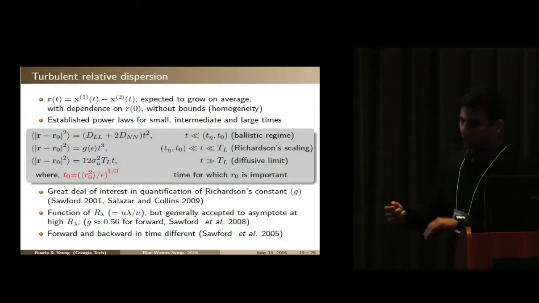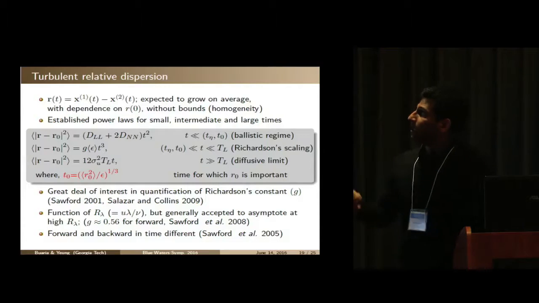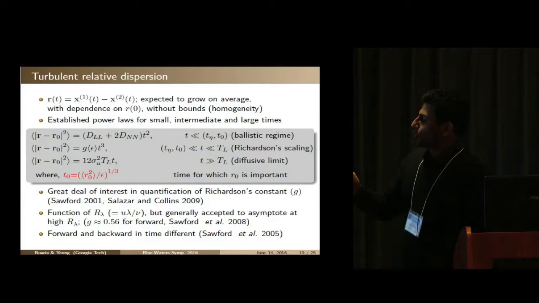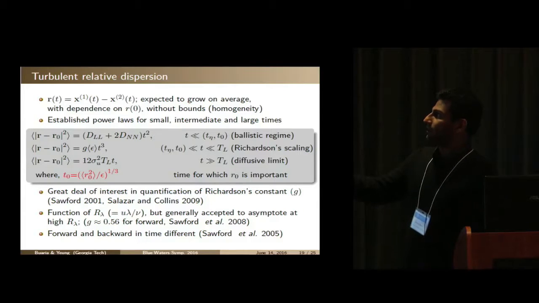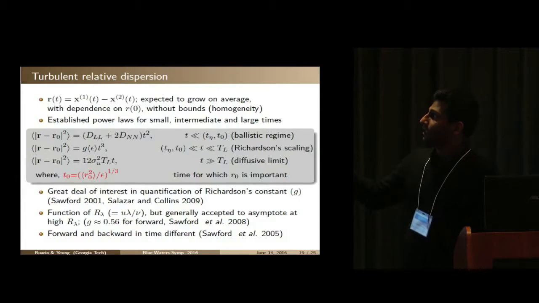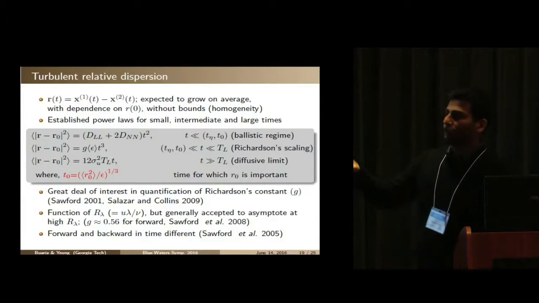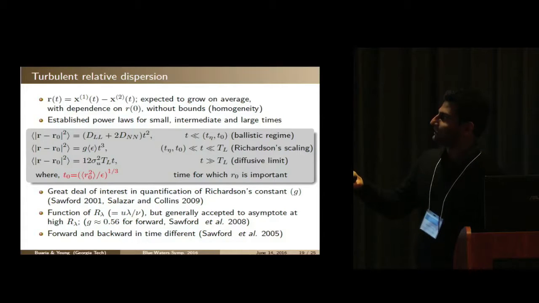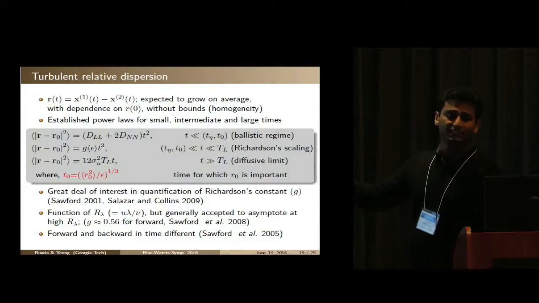And then looking at relative dispersion, we want to study the relative motion between two particles. If we define the separation vector as this, then conditioned on the initial separation, we can define power laws for different regimes. One of the most important ones happens in the initial range, also called the Richardson scaling, where the relative dispersion grows as t cubed.